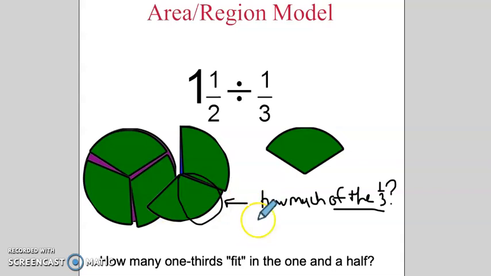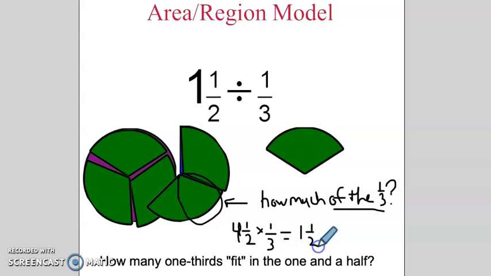That's half. So this is how we get 4.5 times 1/3. 1/3 pieces times 4.5 gives us our 1.5.